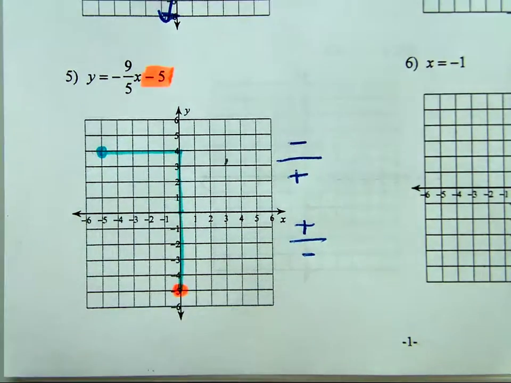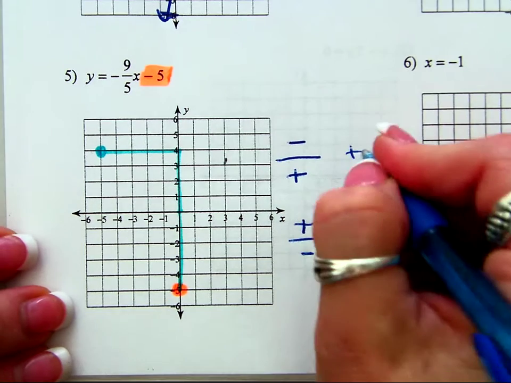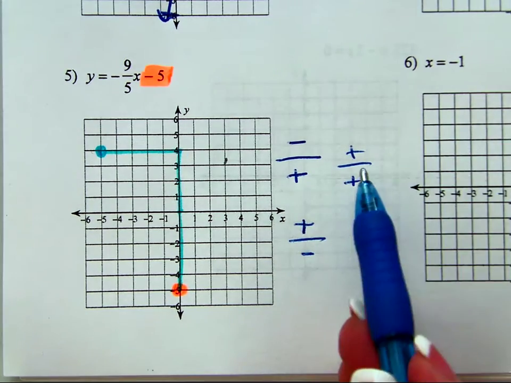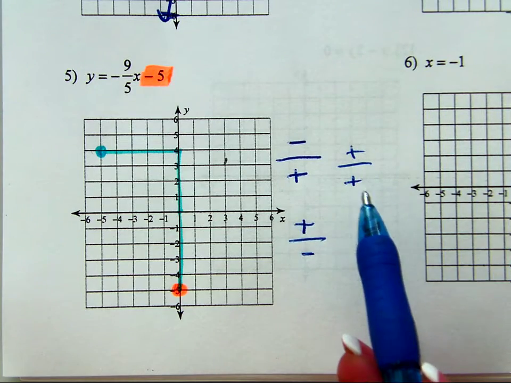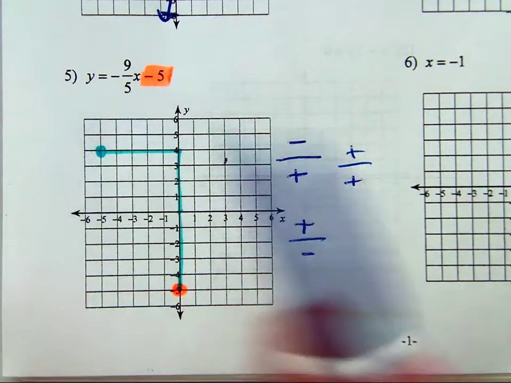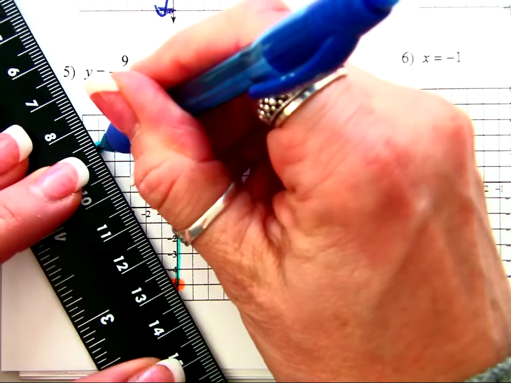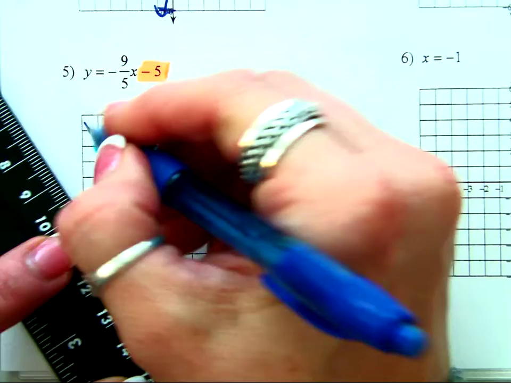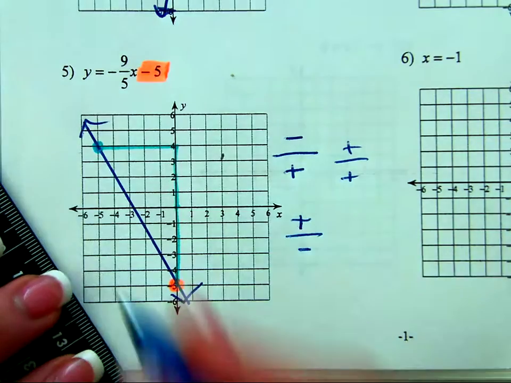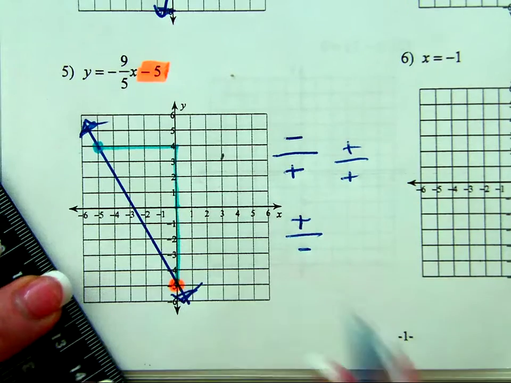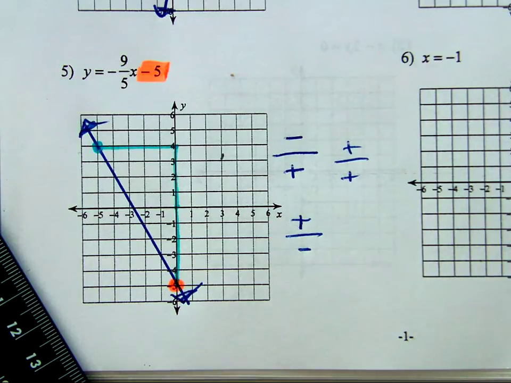Don't go up and right, because if you go up and right, then you just made that slope positive, and it's not positive. It's negative. So that's where you're going to connect this point, match your ruler up, and you get your line. Okay? So please don't extend it more than like one grid line off the graph, because that will drive me nuts if it's 3 inches into the other problem when there's an easier solution.